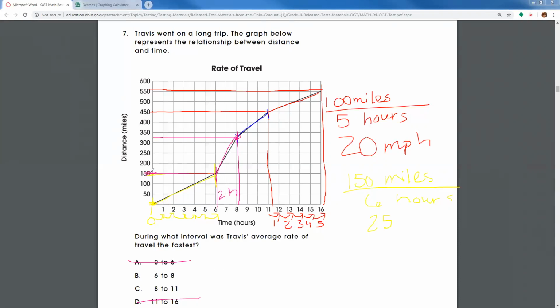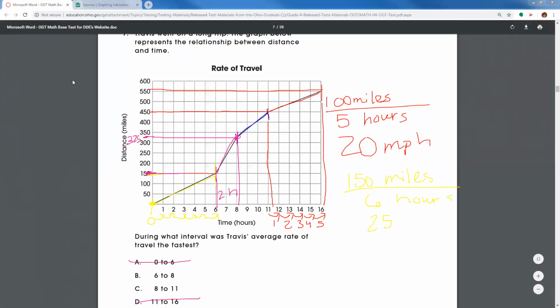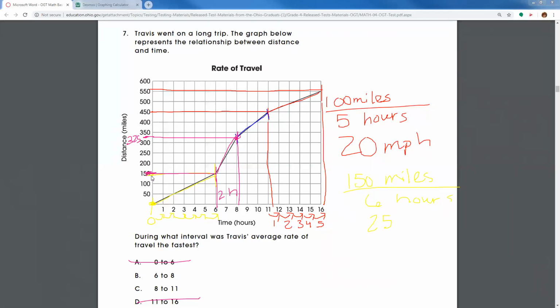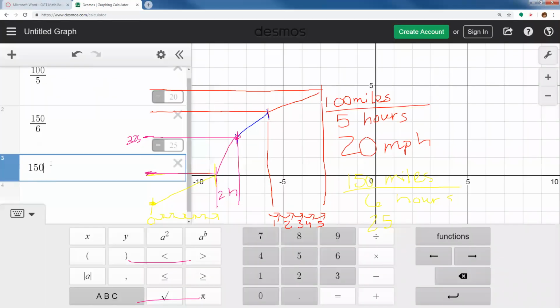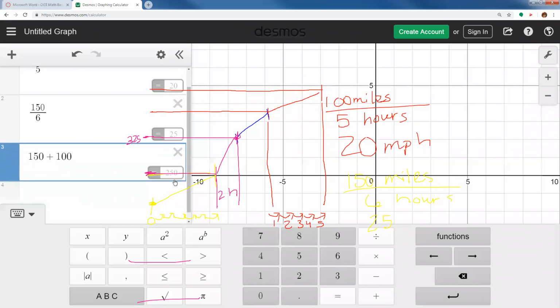If we were at 150 miles and we ended at 325, how long of a distance is that? If we start at 150, add 100, that takes us to 250.